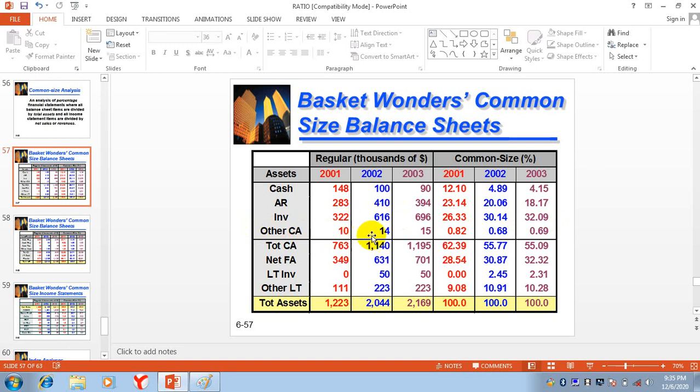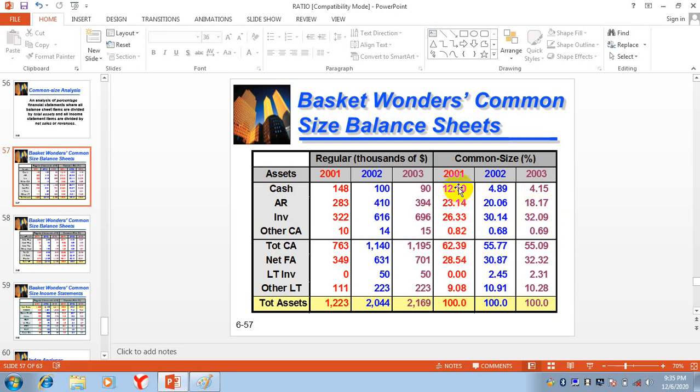Other current assets, there are lots of other current assets, so we can't analyze this, because if you have individual items, then you can analyze this. Total current assets, see, it was 62%, comes down to 55, then comes down to 55.09. This reduction is because cash is decreased and accounts receivable are decreased.